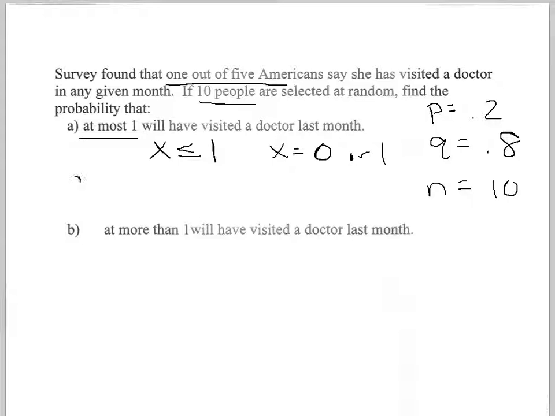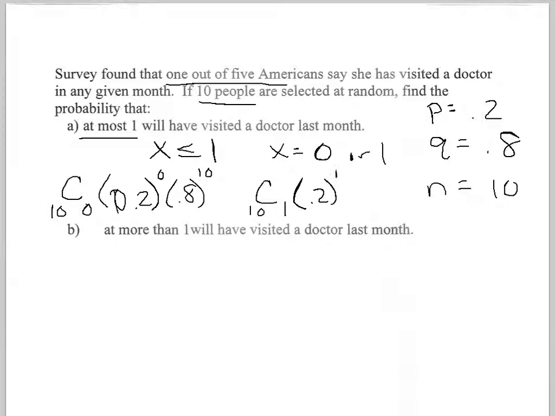So I'm actually going to have to set this up as 2 scenarios here. The probability that 0 people visit, and the probability that 1 person visits. I'm just going to add those together.